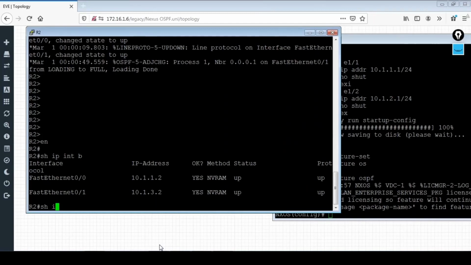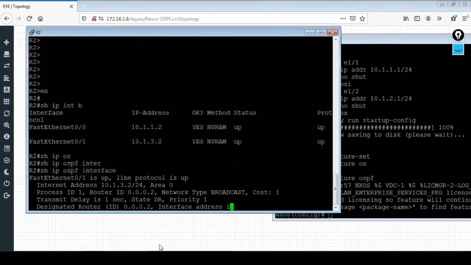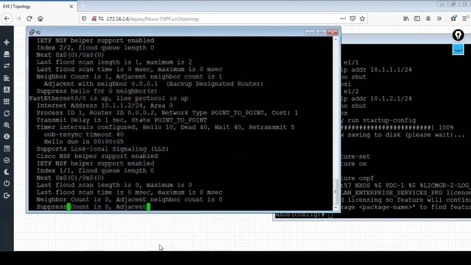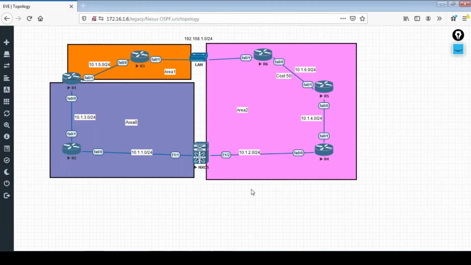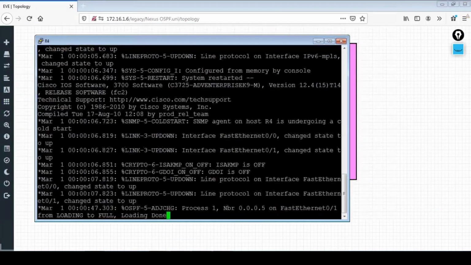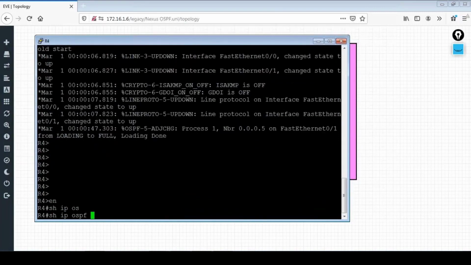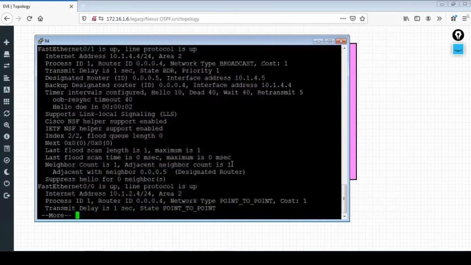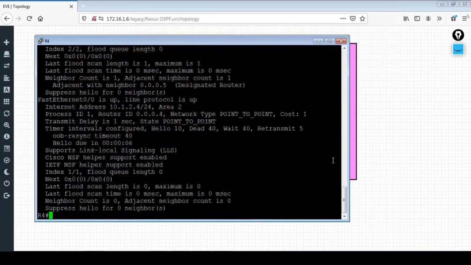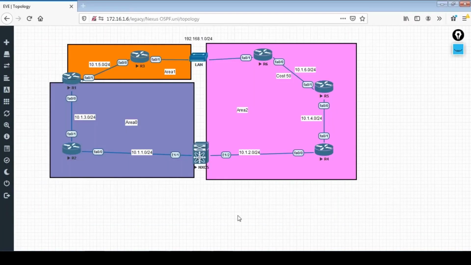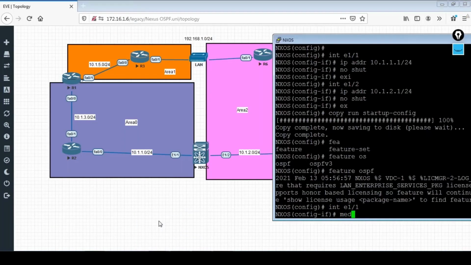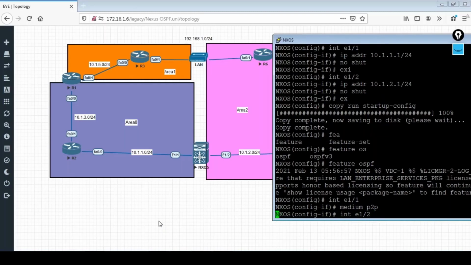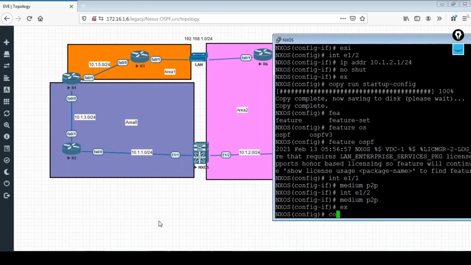Just confirming if I have manipulated any network type. 0/0 is pointing to point-to-point. Point to point. All right. So in this case, E1/1 has to become medium, point-to-point. 1/2 also medium, point-to-point.